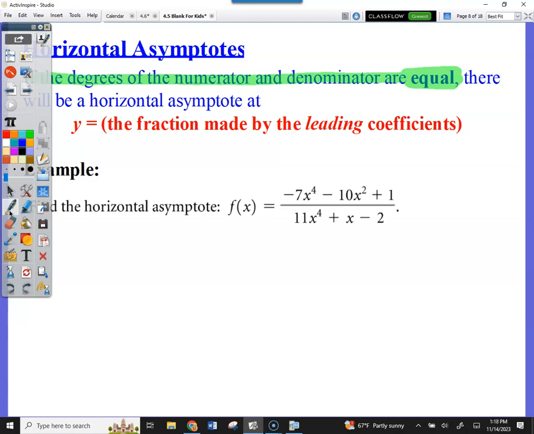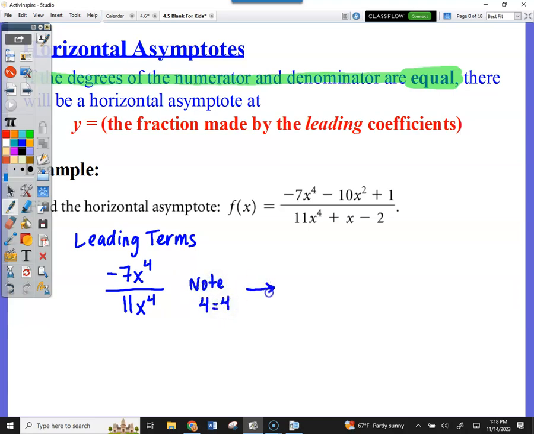So for instance, right here, we have our leading terms. Negative 7x to the fourth over 11x to the fourth. I'm going to say note 4 equals 4.